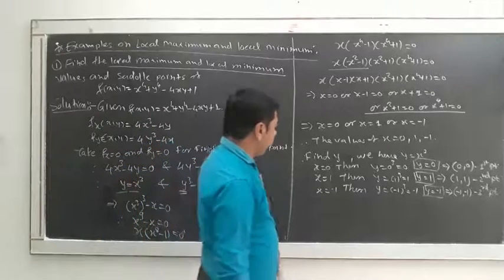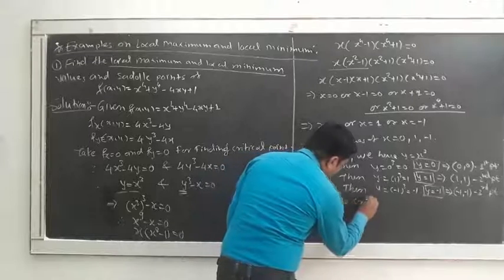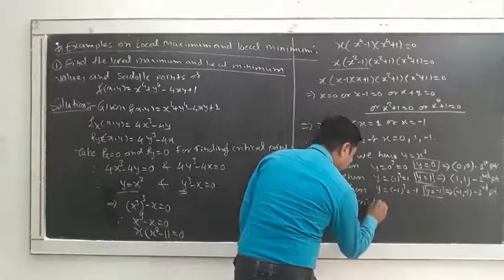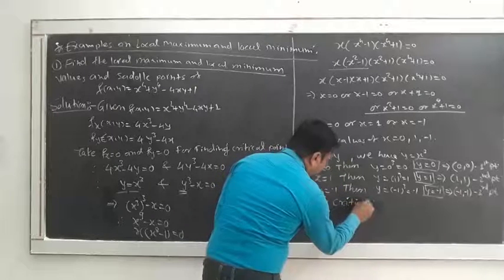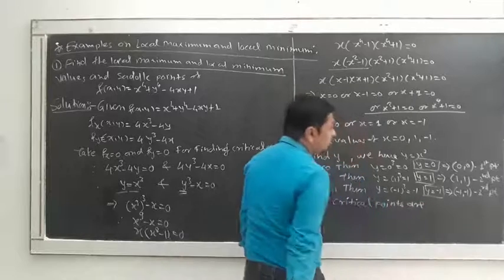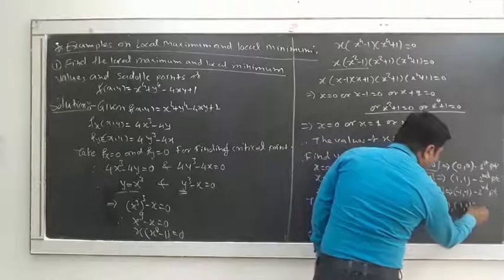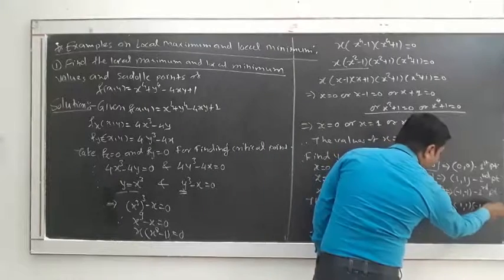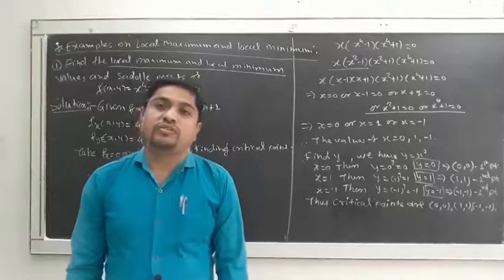The critical points are 0, 0, 1, 1 and minus 1, minus 1. So these are the three critical points.